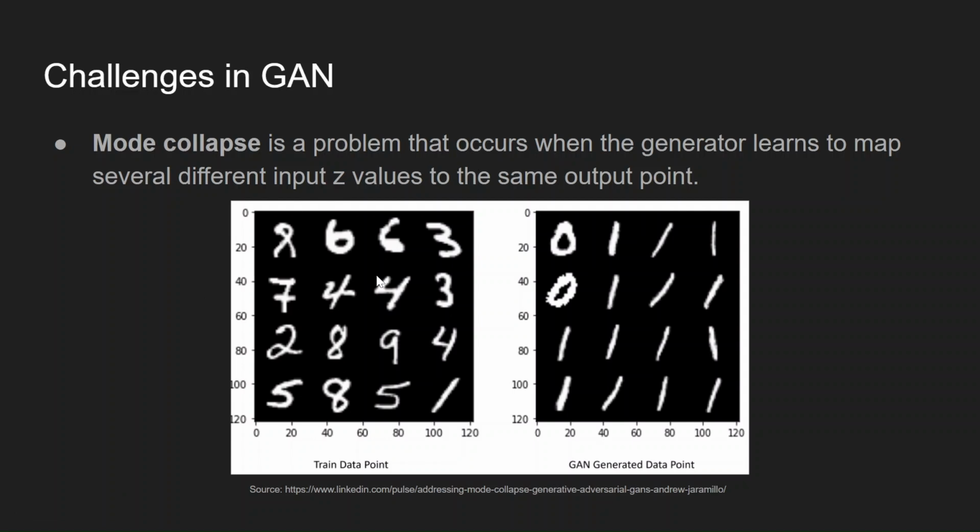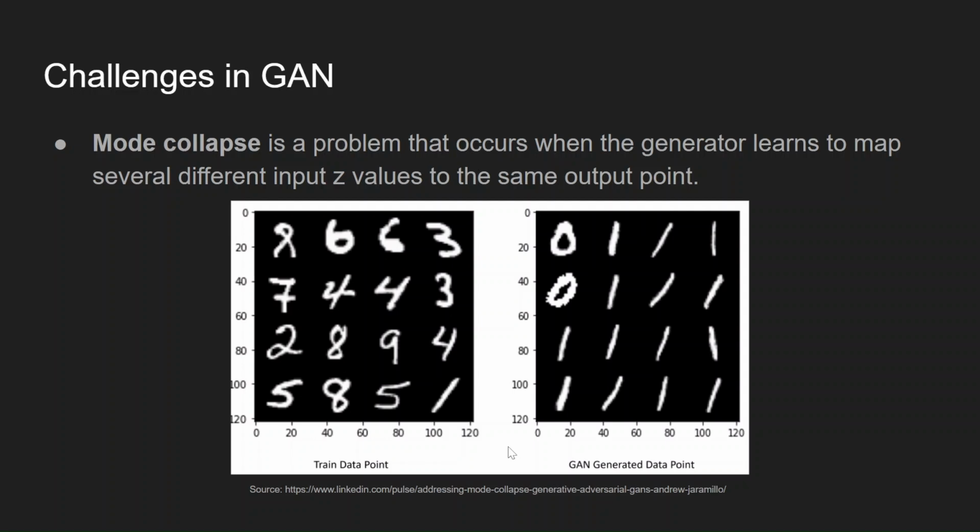We have different handwritten digits, but on the right side, once our model is trained, it is just generating 0s and 1s. It has learned how to convert that random noise into just two digits, either 0 or 1. So this is called mode collapse, and you can learn more about it by going to this URL. It's a LinkedIn blog, so make sure to check it out.